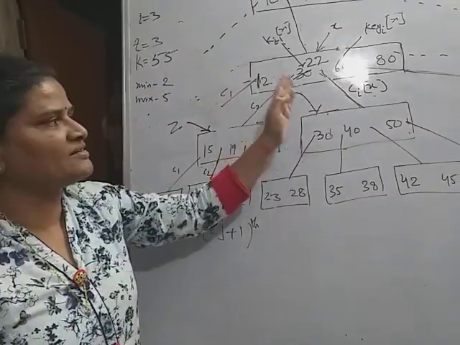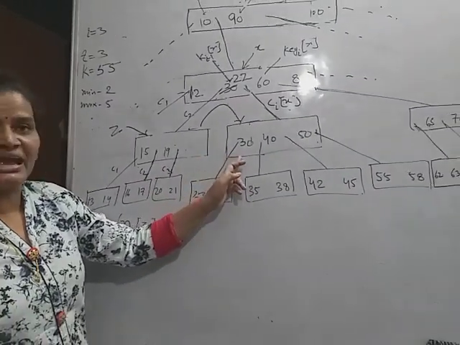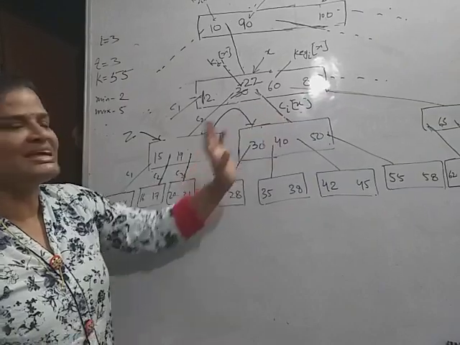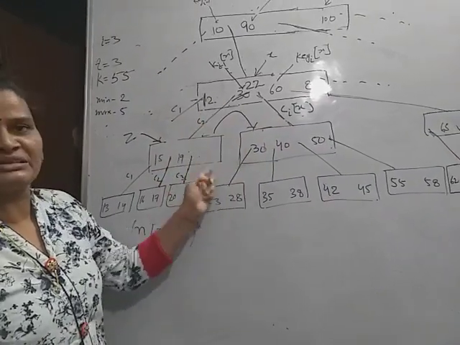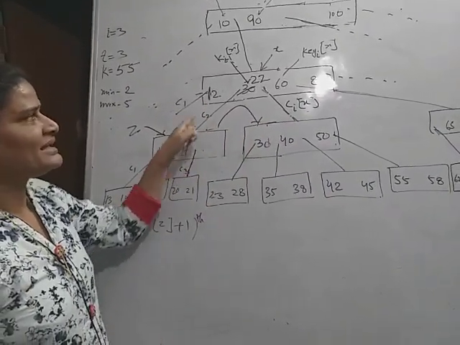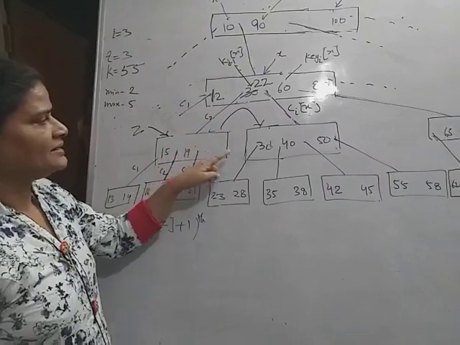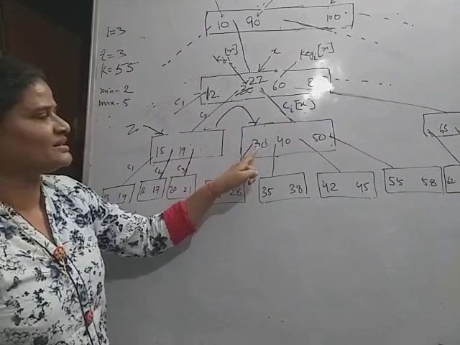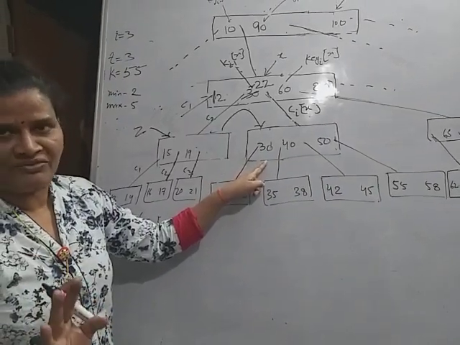So here this type of rotation is performed to make T number of keys in the CIX. After performing this rotation, the node pointed by CIX will contain T number of keys.